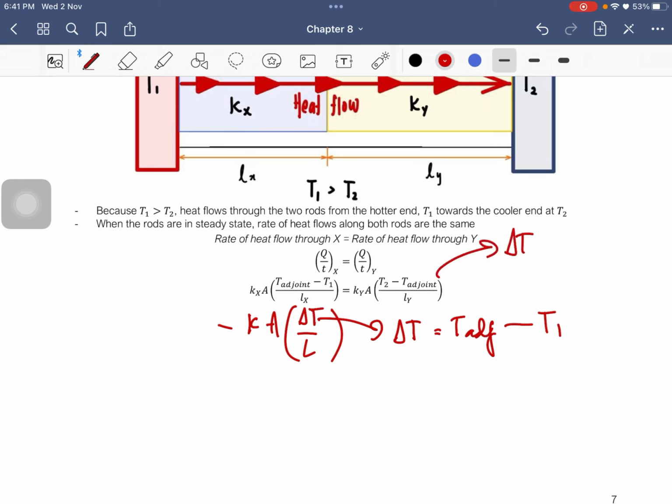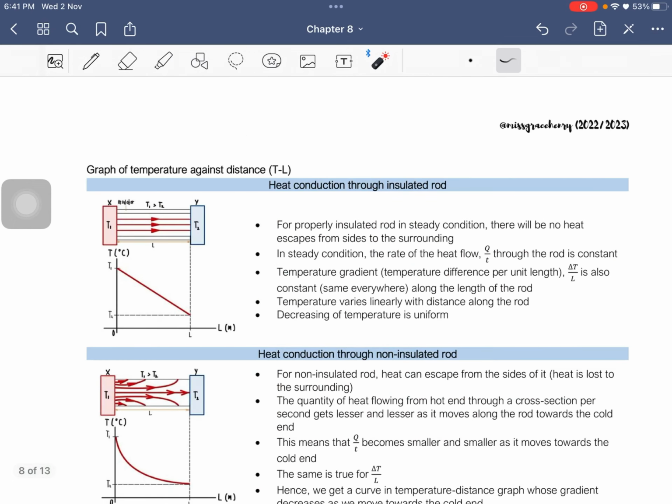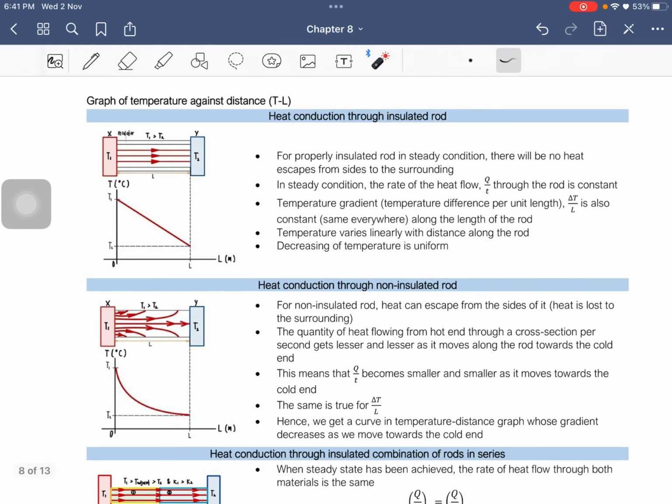But for this one, it's going to be the cold end punya slab minus dengan the adjoint punya temperature. So make sure you remember this part here lah, sebab itu yang selalu students do mistakes, so they get the wrong answer lah.